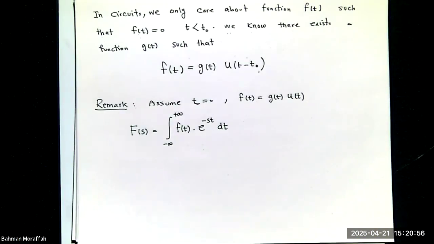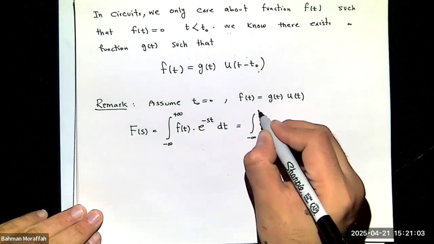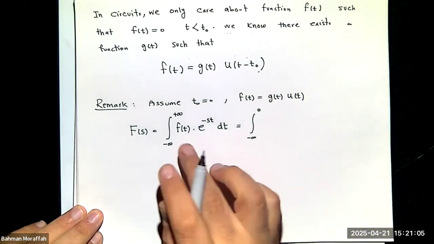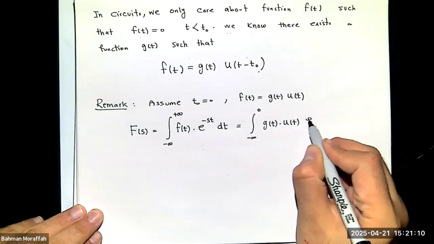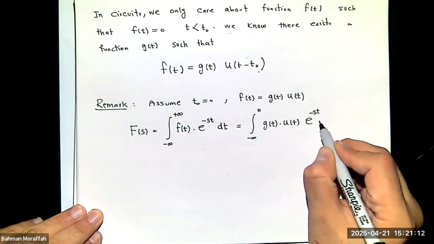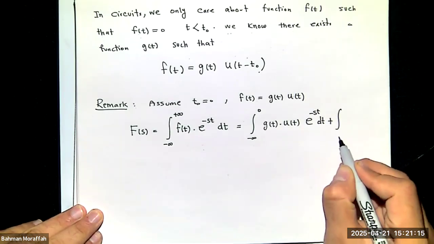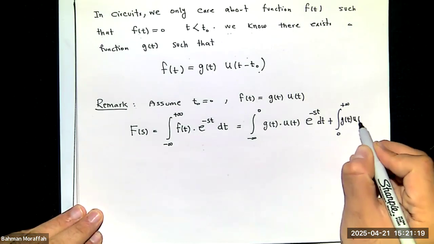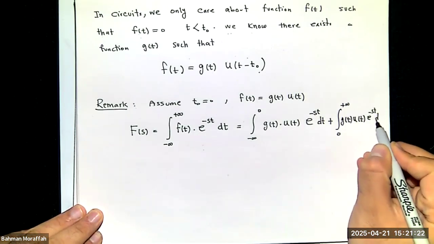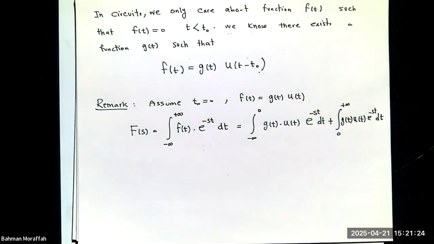I can break this down and write it as the integral from negative infinity to 0 of g of t u of t e to the power of minus st dt, plus the integral from 0 to infinity of g of t u of t e to the power of minus st dt. Right? I just broke up this integral.